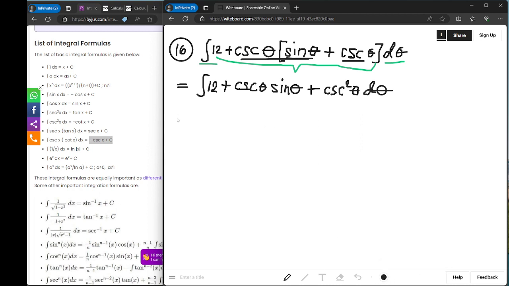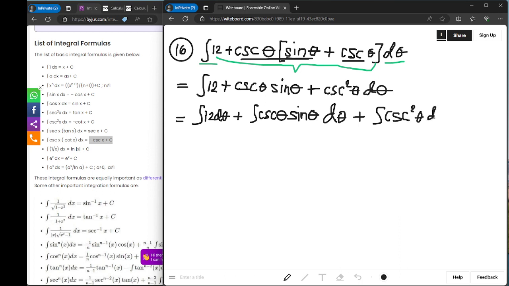Afterwards, we can write this as the integral of 12 d theta plus the integral of cosecant theta times sine theta d theta plus the integral of cosecant squared theta d theta.